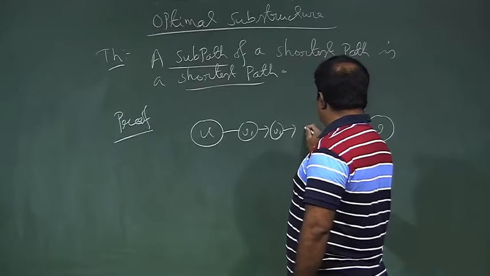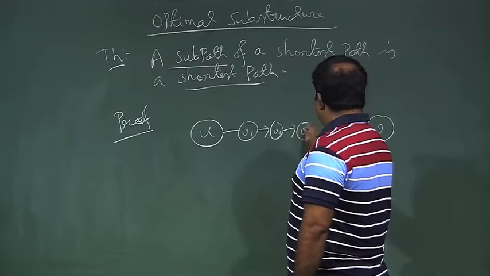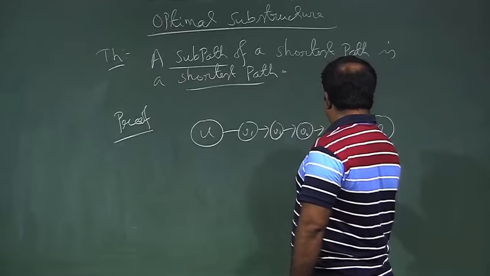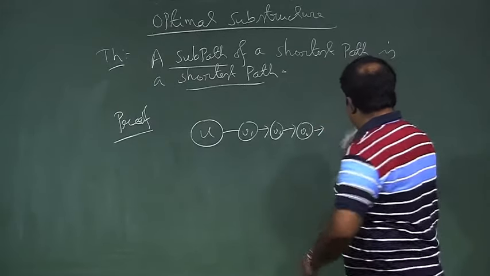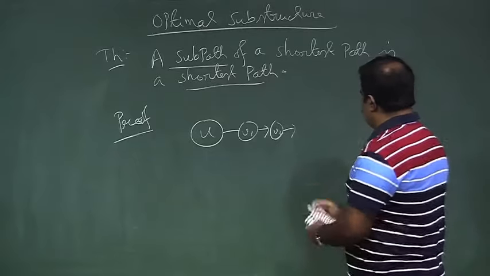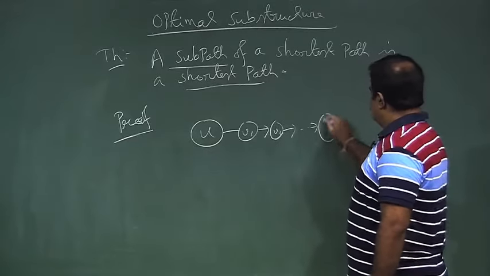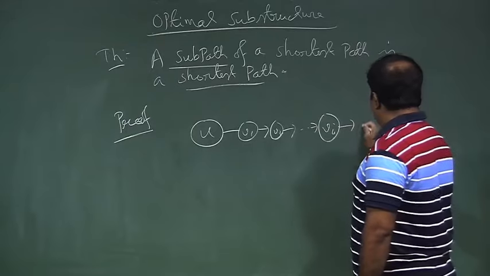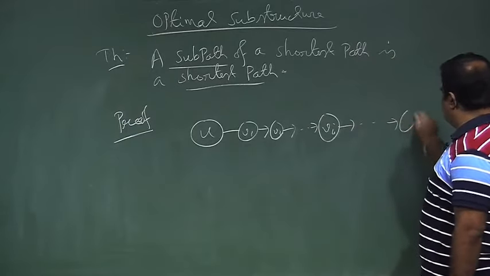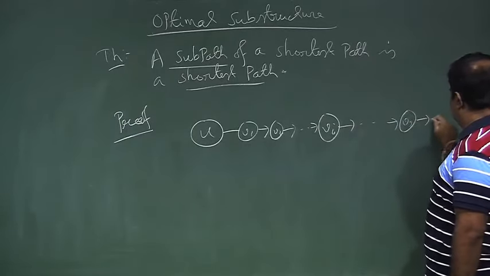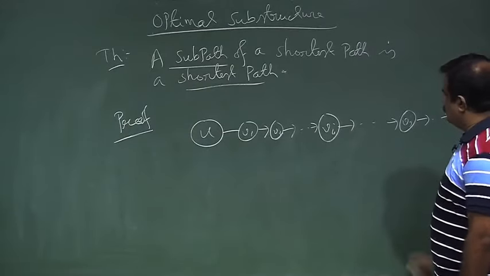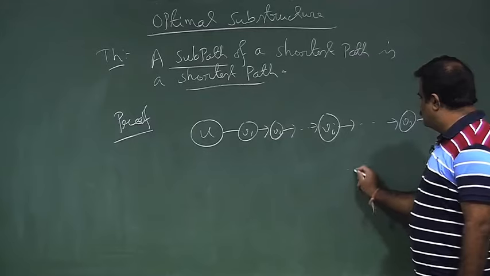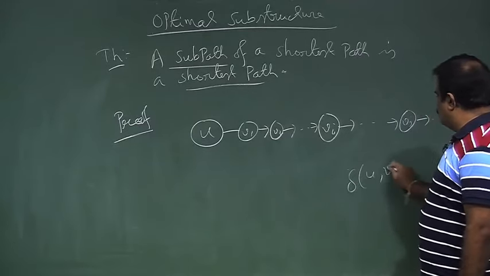So, V1, V2, dot dot dot, Vi, dot dot dot, Vj, dot dot dot, V. Suppose this is the shortest path from U to V, this is basically delta of uv.